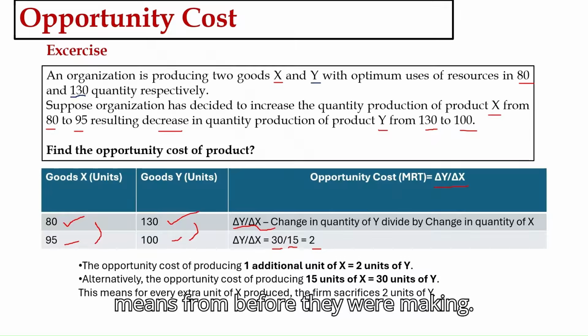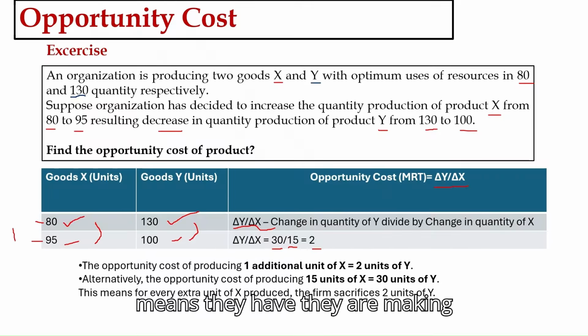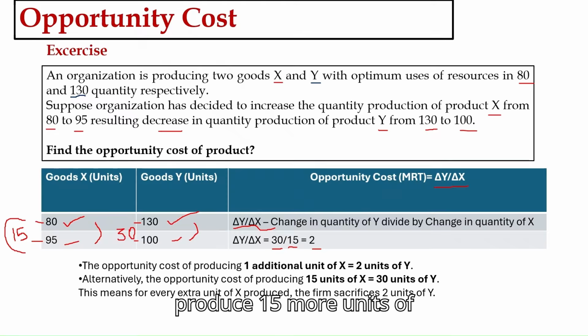Means before they were making 80 units of X, now they are making 95 units of X, which means they are making 15 units more of X. So from making 15 units more of X, how much are they reducing? Before 130 units of Y, now 100 units. So 130 minus 100, that is 30. Which means if they produce 15 more units of X, they have to reduce the production of units Y by 30.